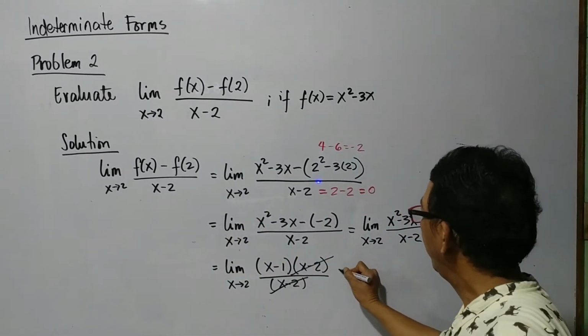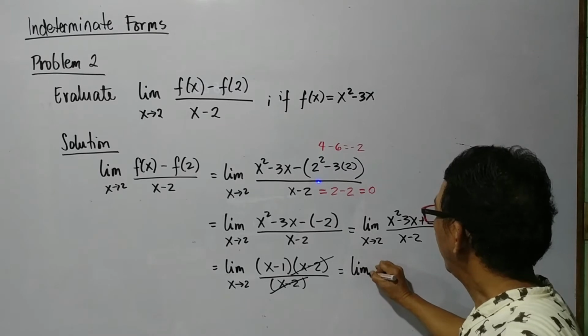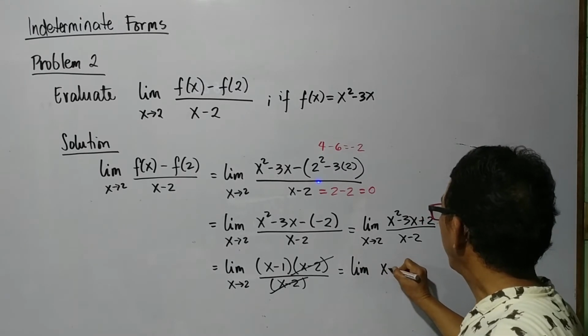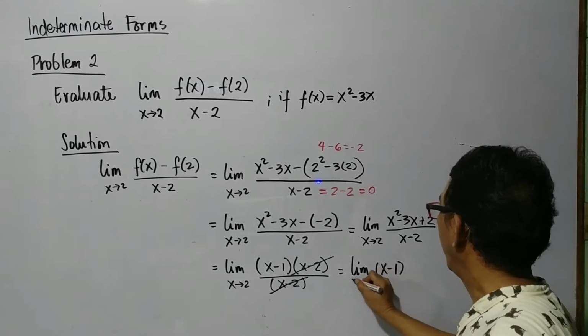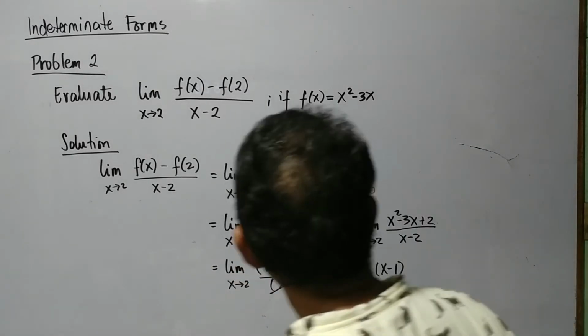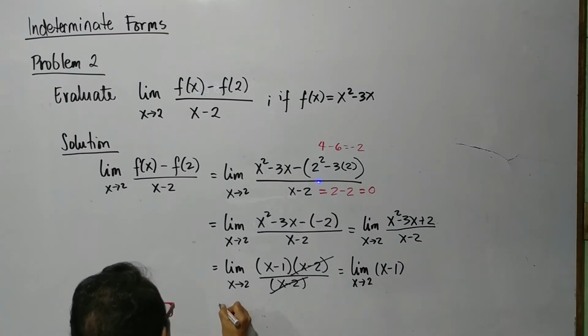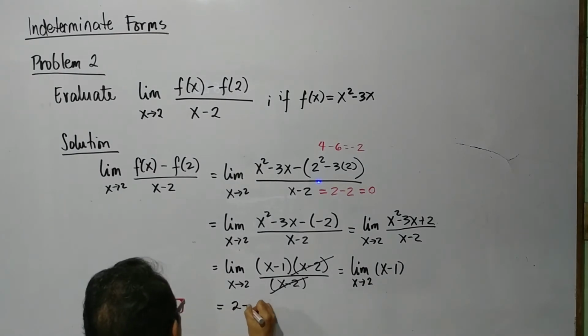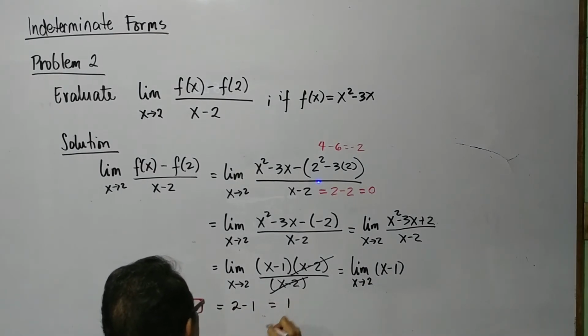So we have now the limit of x minus 1 as x approaches 2. So finally, we have now 2 minus 1, which is 1.